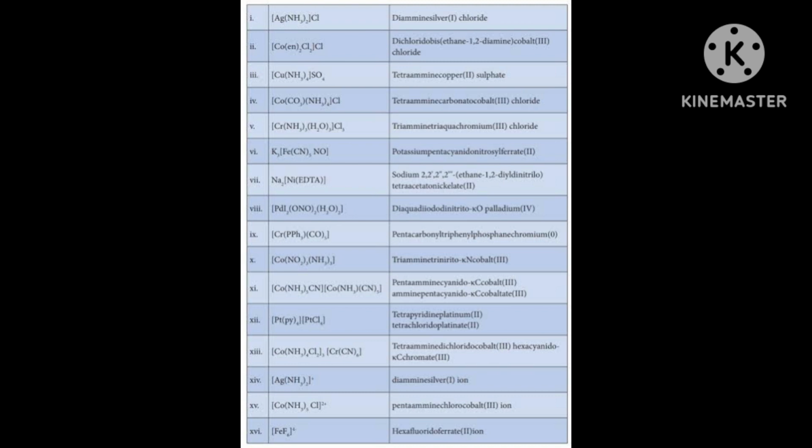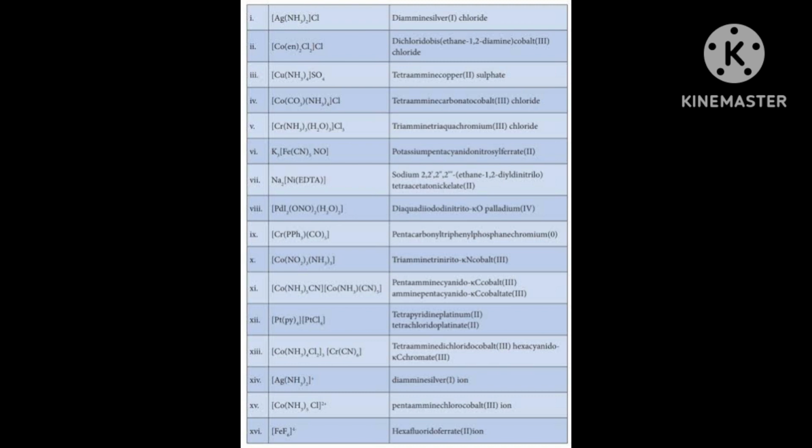Now one more example I am telling you. Actually this type of question will be asked. It is fit for medical or IIT Advanced. Now the third example: [Ag(NH3)2] is the cation, and the other anion is also [Ag(CN)2].